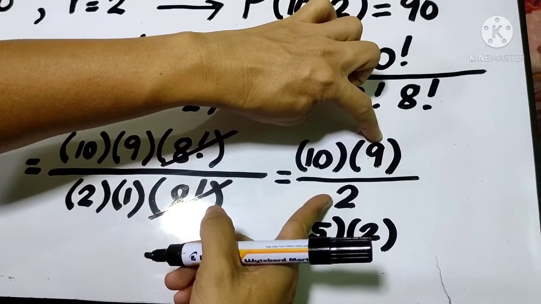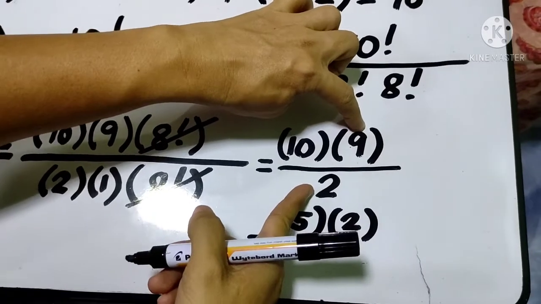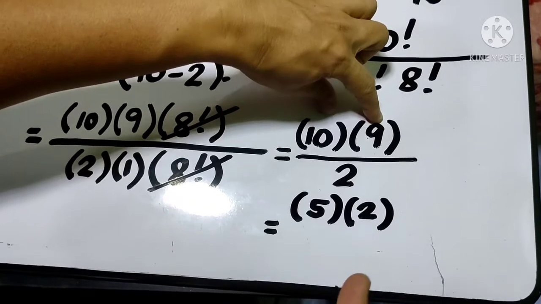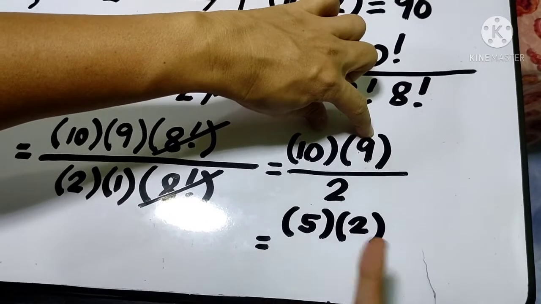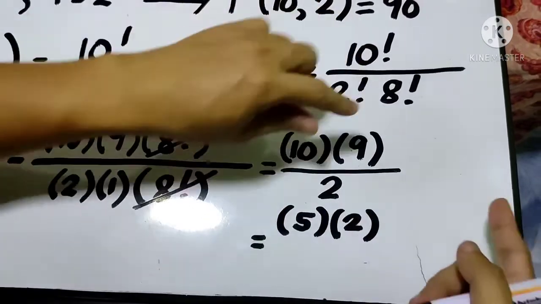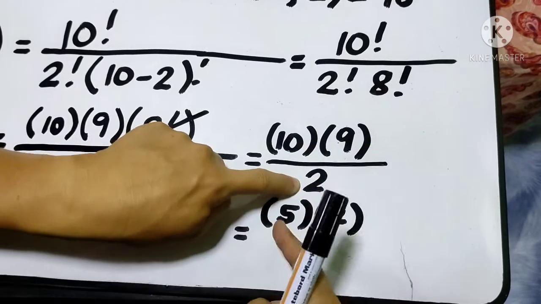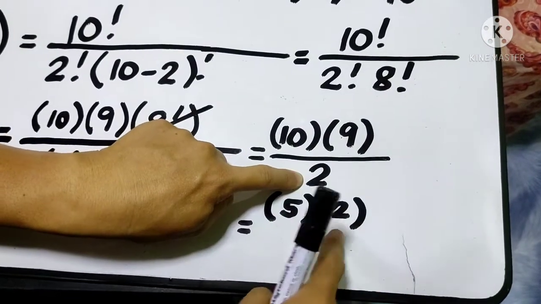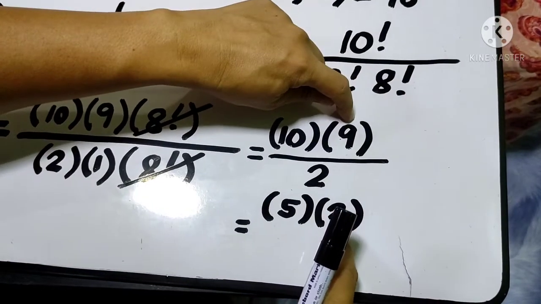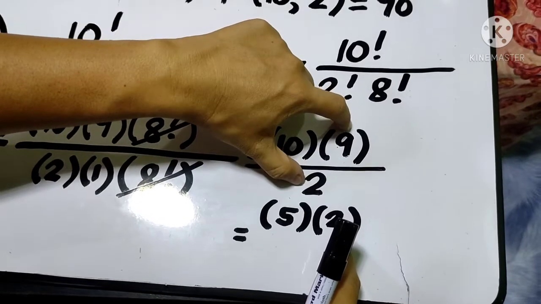This is in the denominator. So, our target here is to cancel the denominator, and that is possible only if you can express any of the numbers in the numerator as factors similar to the denominator. Our target is to remove this. So, we factor 10 as 5 times 2 because there is a 2 here. The 9, don't factor it anymore because the factors of 9 are 3 and 3, which cannot be canceled.